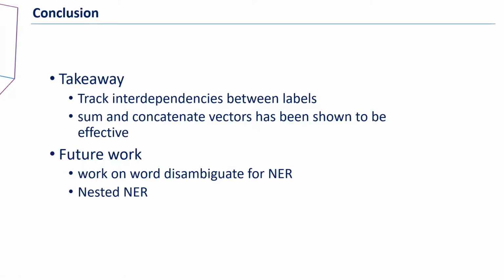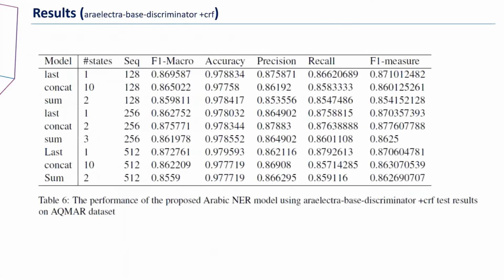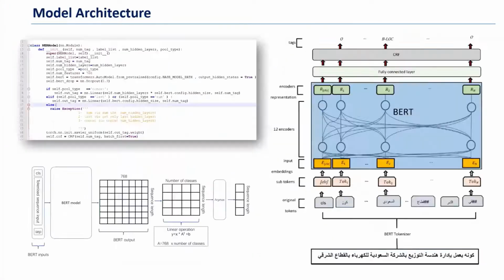We are planning to work on ambiguous words for NER, and also on nested NER. For example, if we have this example in the framework here: كونه يعمل بإدارة هندسة توزيع الشركة السعودية. When I fed this sentence to the model, it discovered only السعودية.